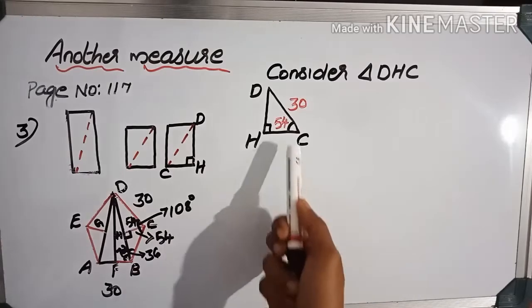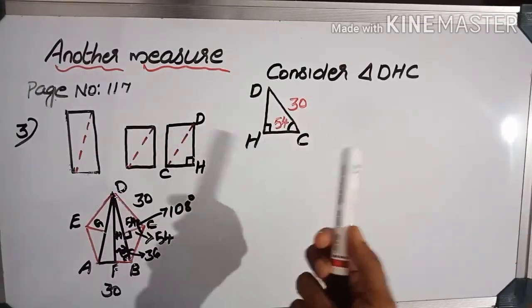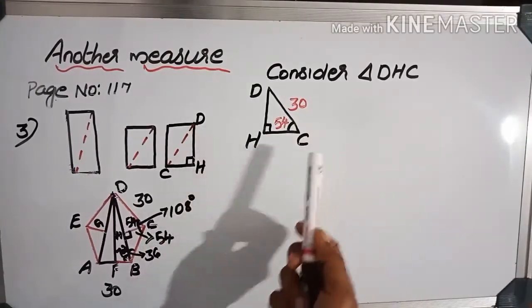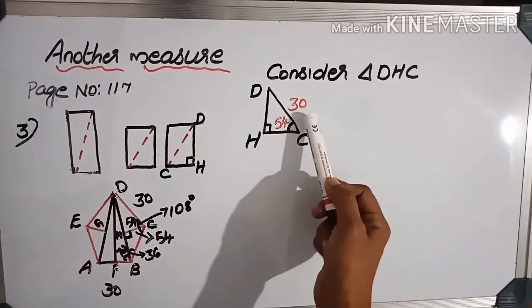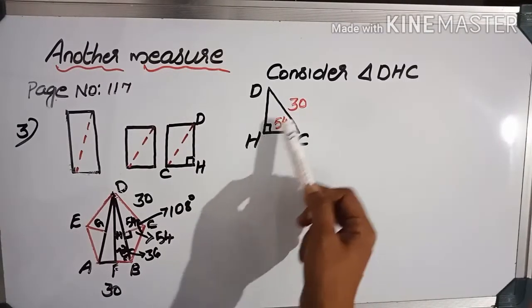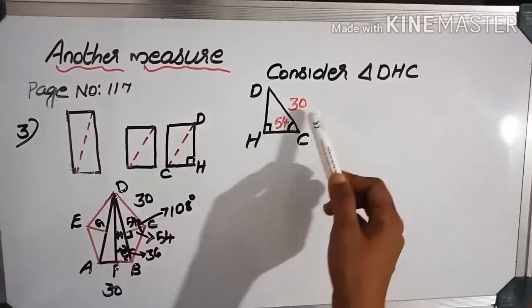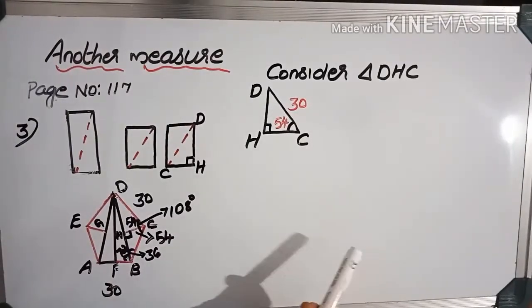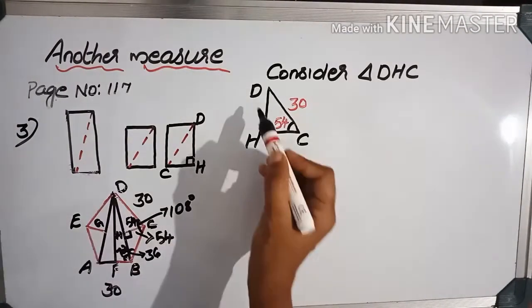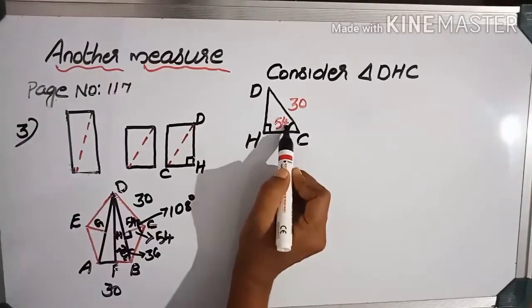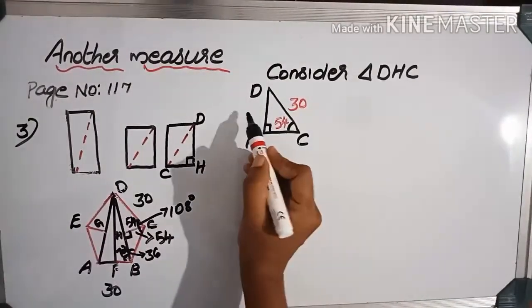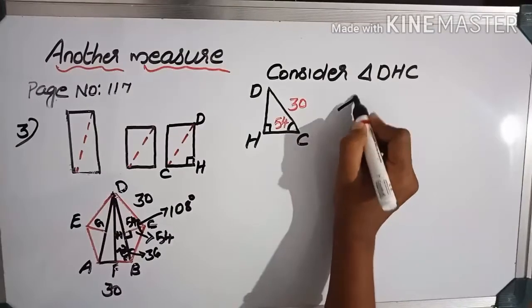So for that, we have to check sine, cos or tan. Which one? Here 54 degree, and hypotenuse is given. 90 degrees opposite is the hypotenuse. That means tan is not possible. Now in order to find DH, which is the side opposite 54 degrees, opposite and hypotenuse comes in sine.